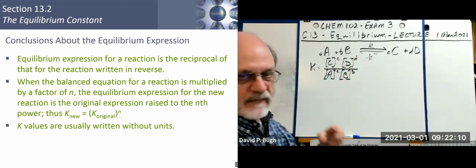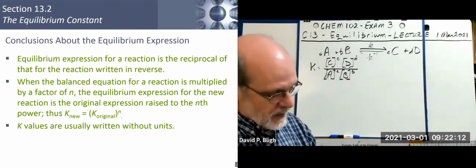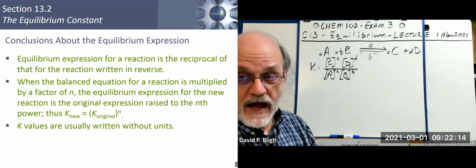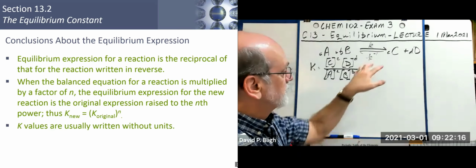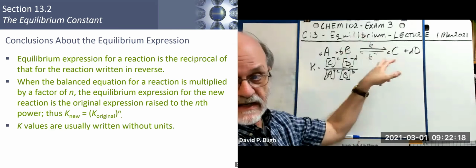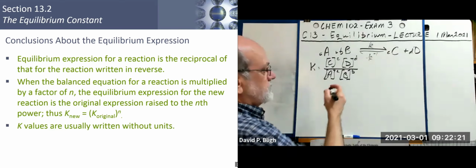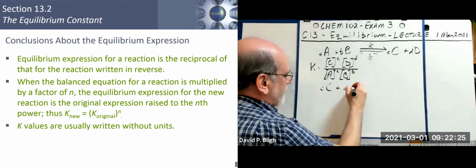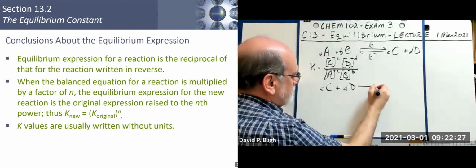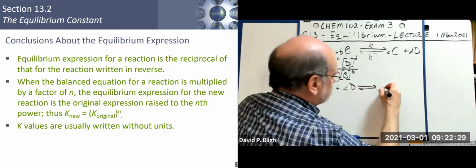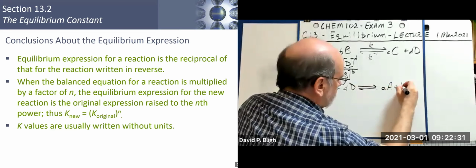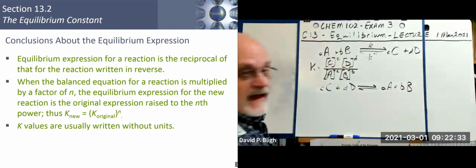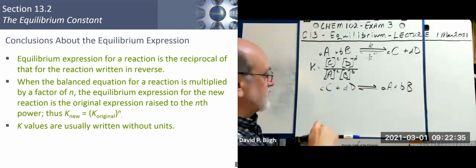Now, suppose we'd rather study that reaction the other way around. Make C and D the reactants. Now what would the K expression be?